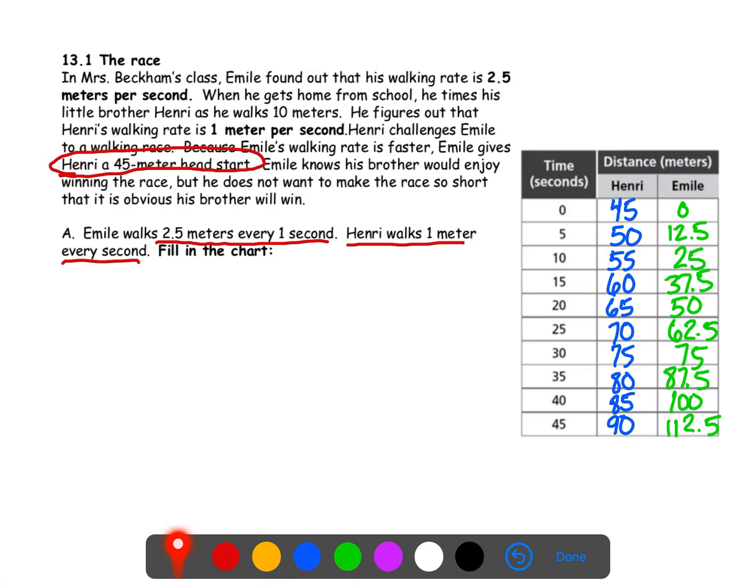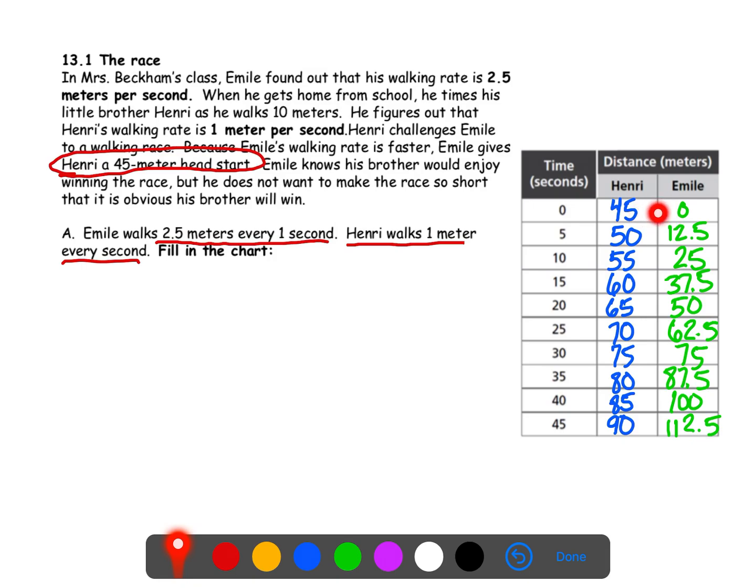So for part B, it says, how long should the race be so that Henry will win in a close race? Now, winning a race would be going the furthest distance. And if we look at this table, we can see Henry's change in distance and Emil's, and what I'm looking for is a comparison between them.